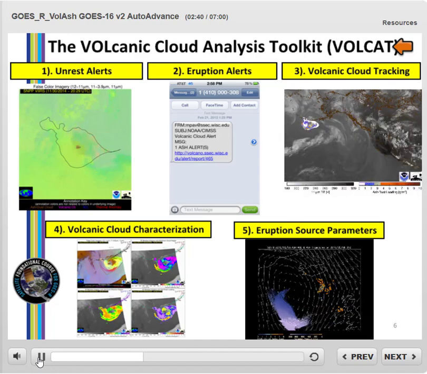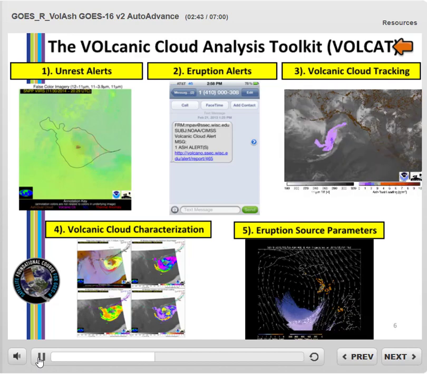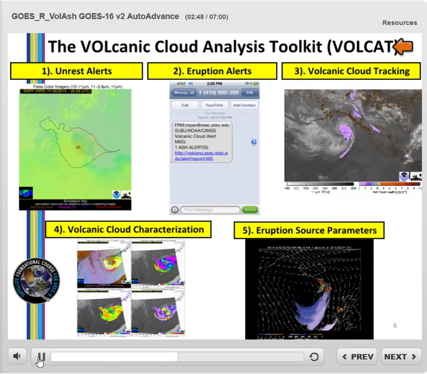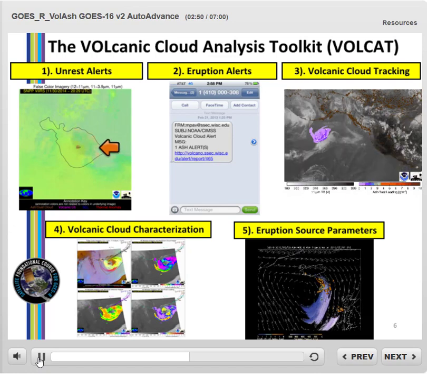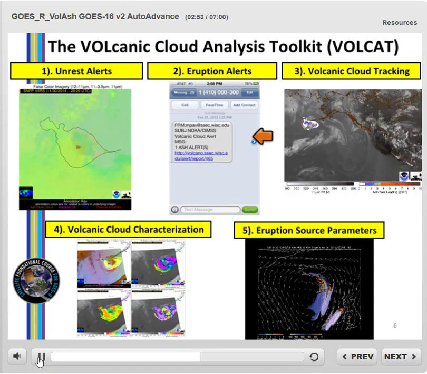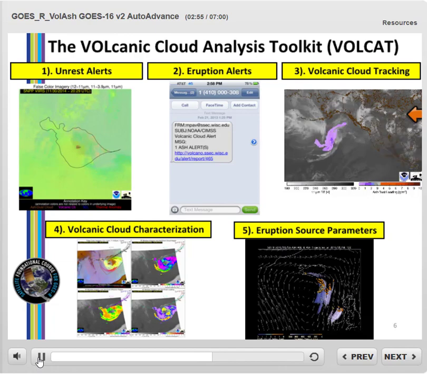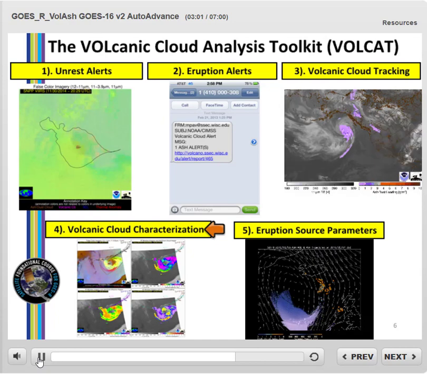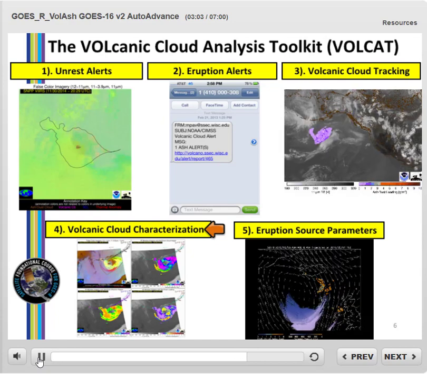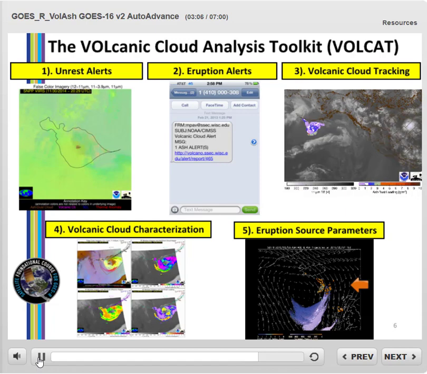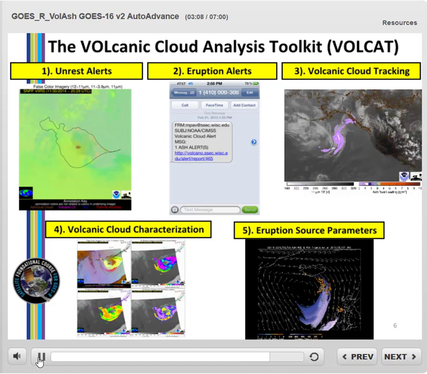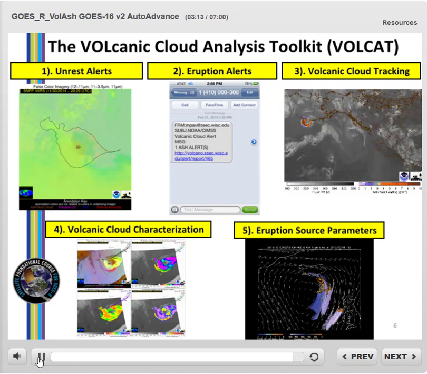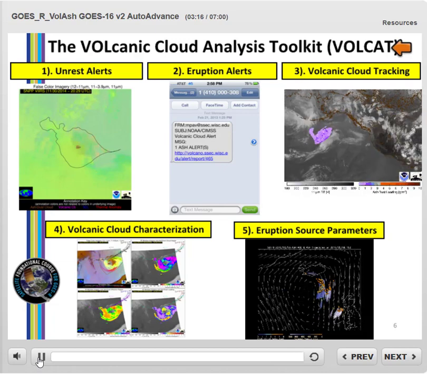VOLCAT is the result of many new innovations that have been developed since the baseline algorithm was finalized, and it includes more advanced applications including volcanic thermal anomaly alerts, volcanic eruption alerts, volcanic cloud tracking, volcanic cloud characterization, which includes ash cloud height and mass loading, and the generation of key parameters needed to run and validate dispersion models. The baseline algorithm was finalized in 2010 to allow development of the GOES-R ground system. VOLCAT more directly addresses operational needs.